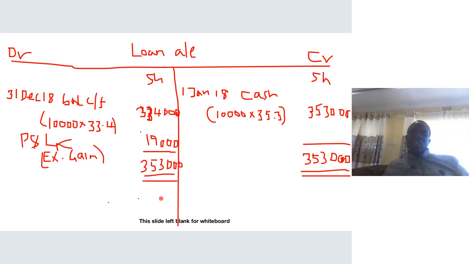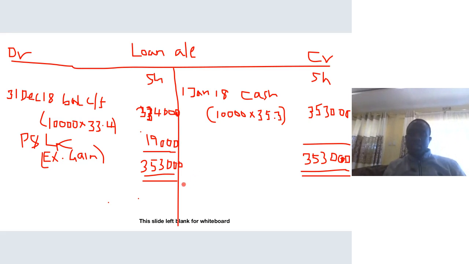Then that is not the end. Remember, we also have 2019. So it means that now in 2019, we'll have a balance brought forward or brought down.